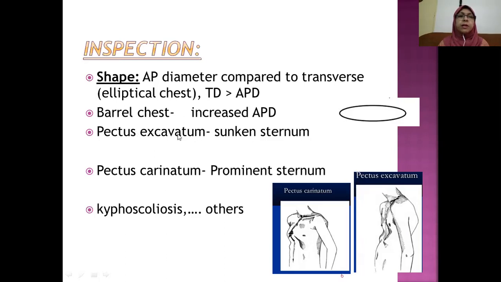You have to look for pectus excavatum or sunken sternum. Here you can see a picture of pectus excavatum and pectus carinatum or prominent sternum. Here is another picture, and there may be kyphoscoliosis. These are conditions that may cause respiratory problems as well.